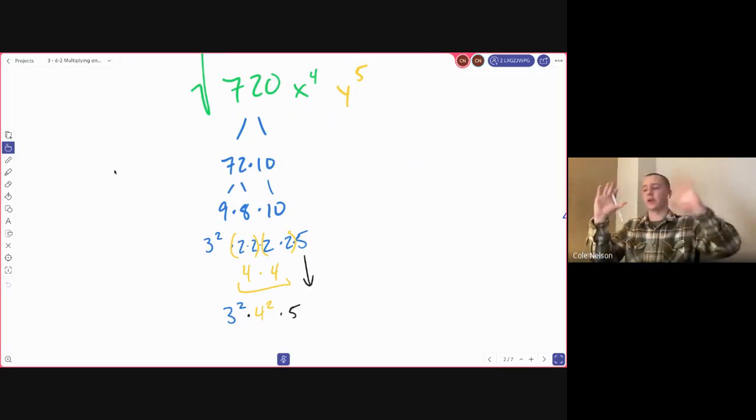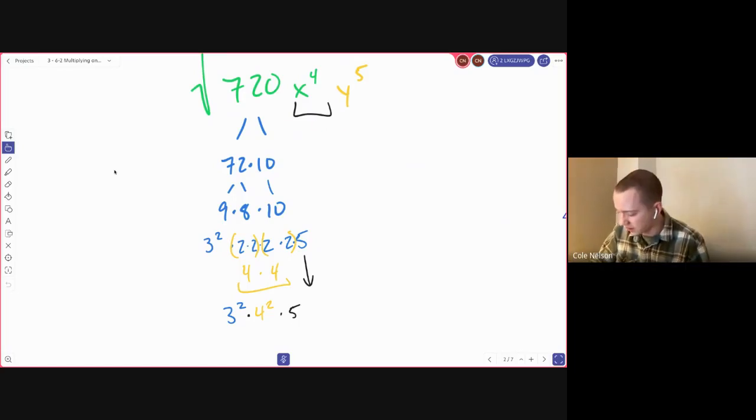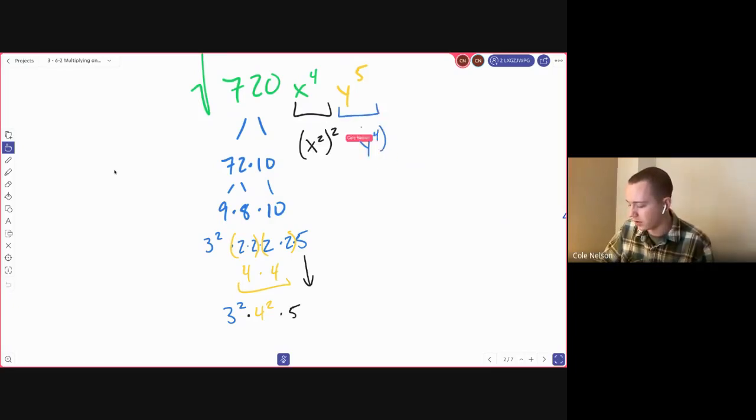That was just the 720. I realize that that's a lot there. X to the fourth is x squared squared. Y to the fifth is y to the fourth times y. And I can split this one up as y squared squared also.